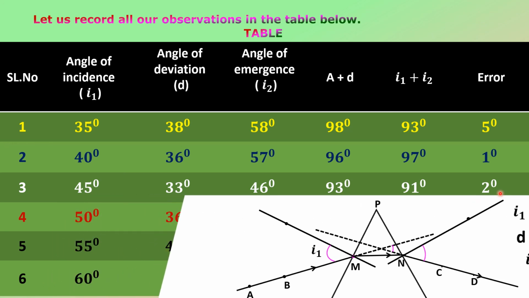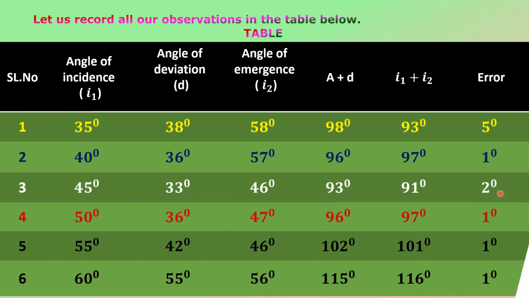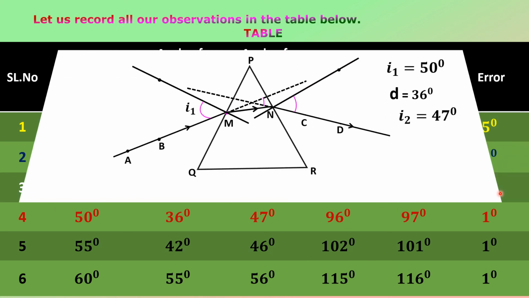Let us take the fourth one. So here I1 equal to 50 degrees and D value is 36 degrees. Previously it was 33. Now the angle of deviation has become 36. That means it has been increased. Now I2 is 47.